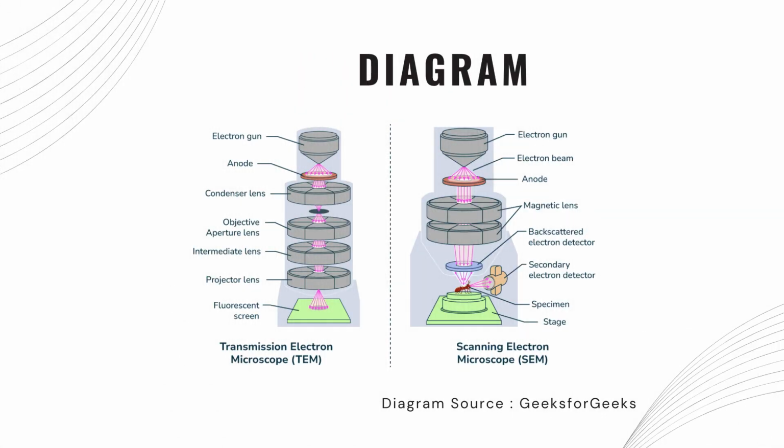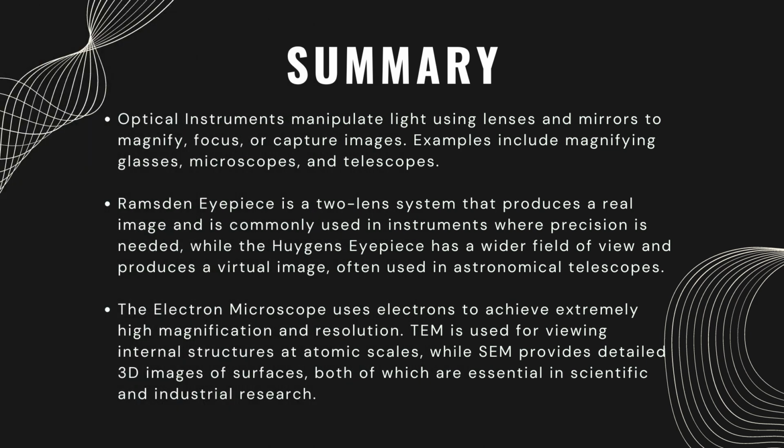A diagram of an electron microscope shows the key components such as the electron source, electromagnetic lenses, which focus the electron beam, the specimen holder, and detectors. The electron beam would be shown interacting with the sample, either passing through it in TEM or scanning the surface in SEM.